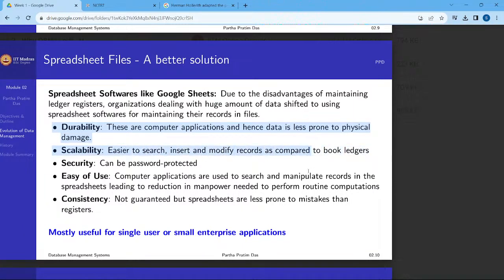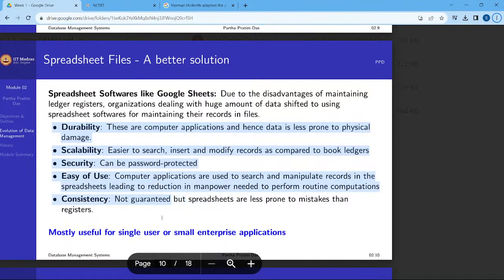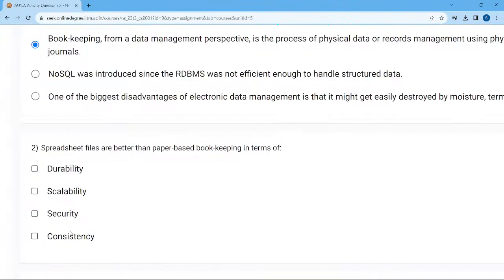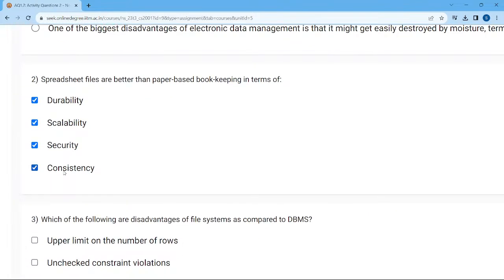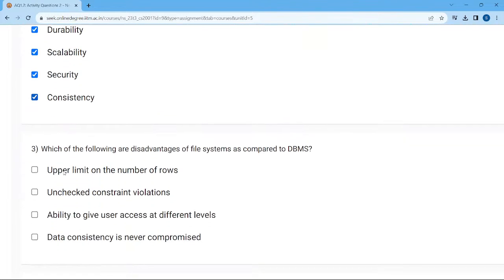It is better in scalability. It can be password secured. There is better consistency. They are less prone to mistakes than registers and easy to use. So I guess consistency, security, durability, and scalability. It surpasses bookkeeping in all four aspects.